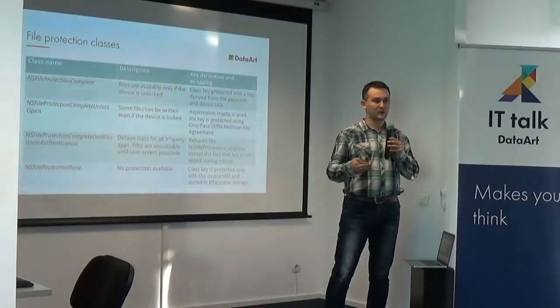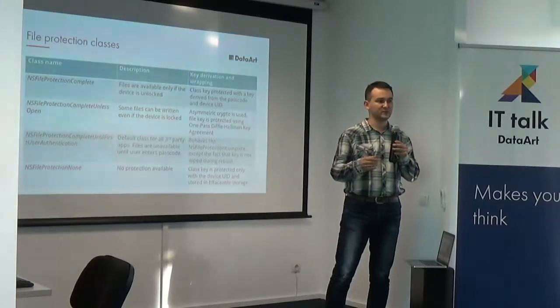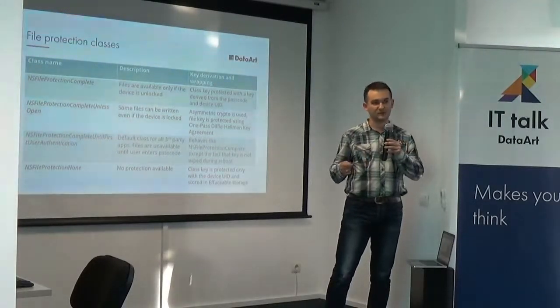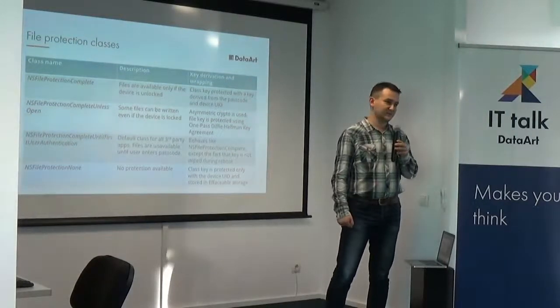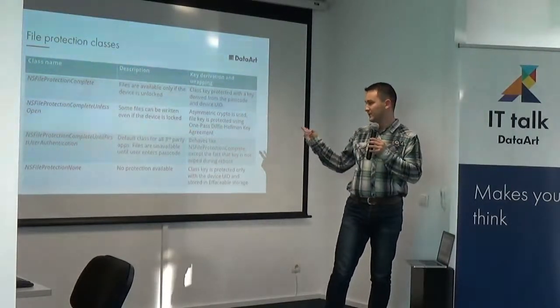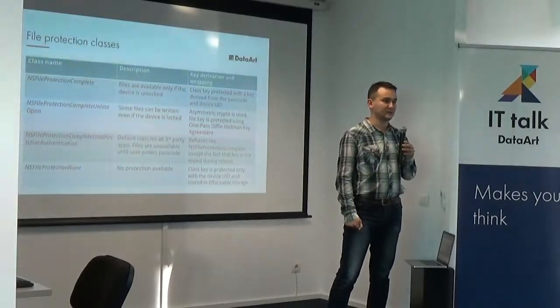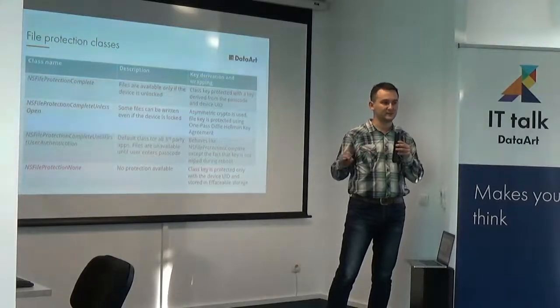So if we write an application, all files of this application are not available on an iPhone which is switched off and which has not been unlocked using the passcode. The only change in comparison with the file protection complete unless open is the key persistence. The key is persistent until the reboot.